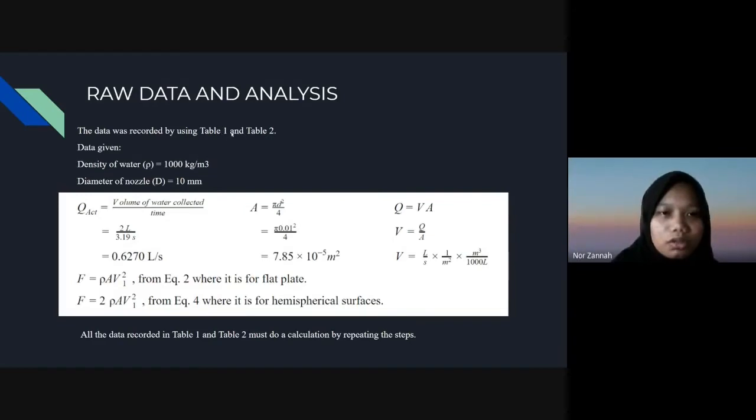So for raw data and analysis, we need to record the data that we get from the experiment by using Table 1 and Table 2. The data given are the density of water, which is 1,000 kilograms per meter cubed, and the diameter of the nozzle.